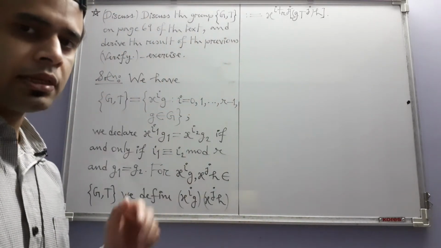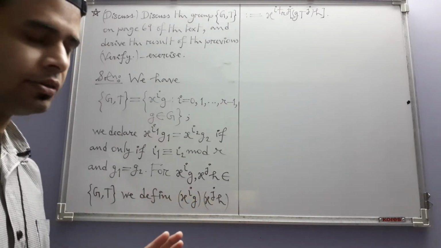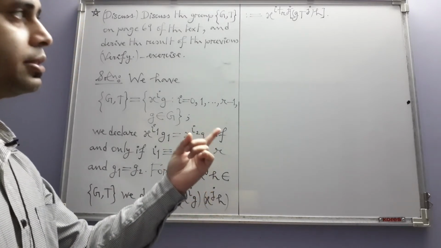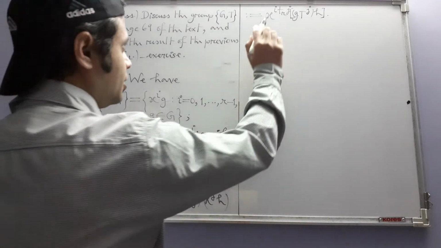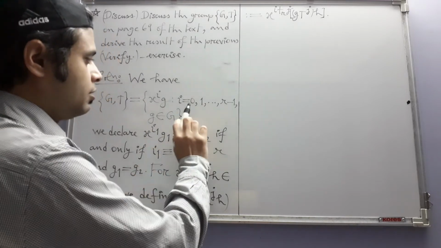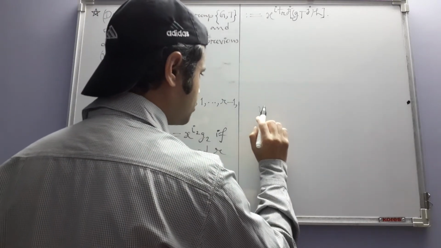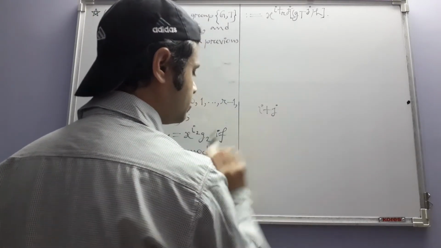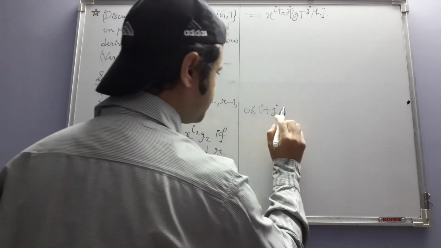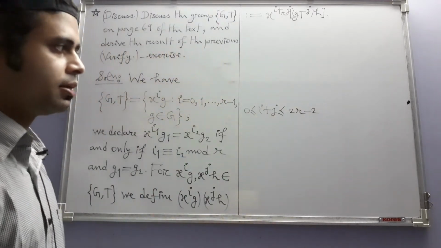Let us first make sense of this. These are two symbols coming from this set, fine. And when we operate them, this is the result. Now, I and j, each one of them is an integer lying between 0 and R minus 1. There is no problem with that. So I plus j is some integer lying between 0 and 2R minus 2, R minus 1 plus R minus 1.